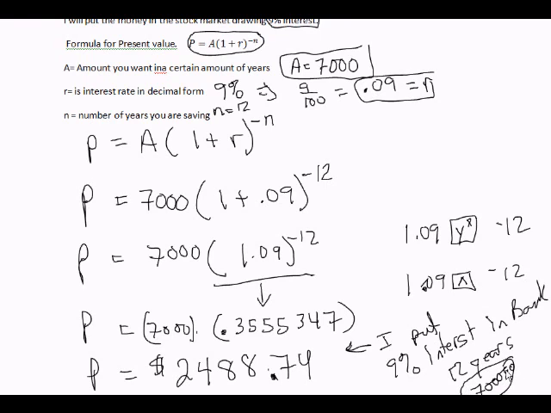That's $7,000. I will have $7,000 in the bank, and then I can use that to go on my trip. I know I need $7,000, so this tells me that I only need to put $2,488.74 in the bank now, earning 9% interest, and I will have $7,000 at the end of 12 years, and I can go on my trip.